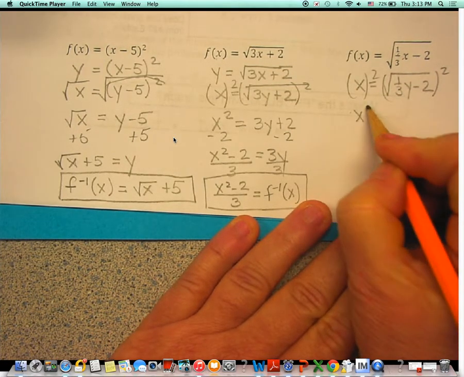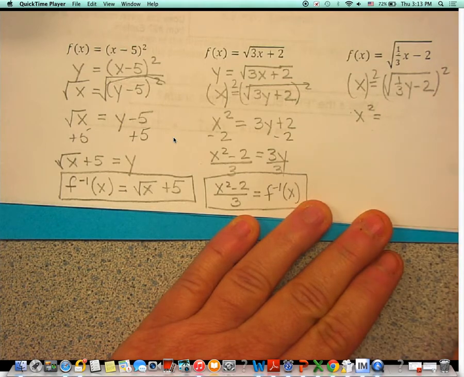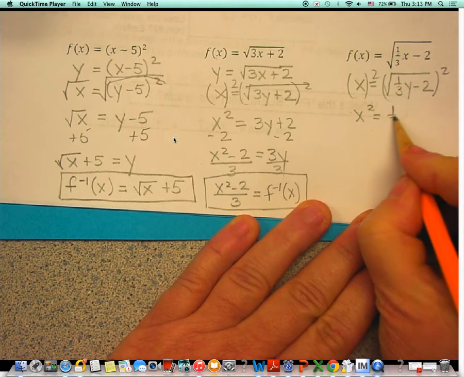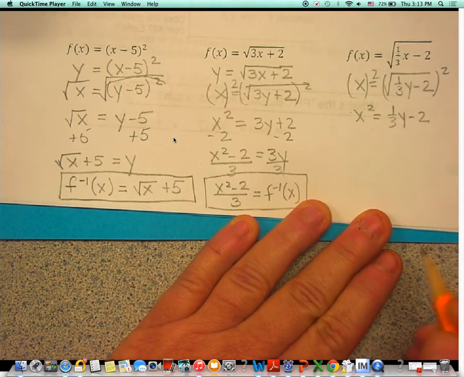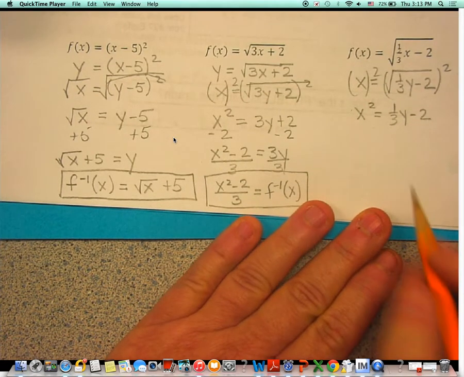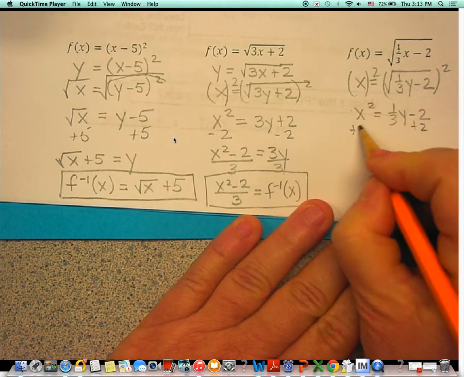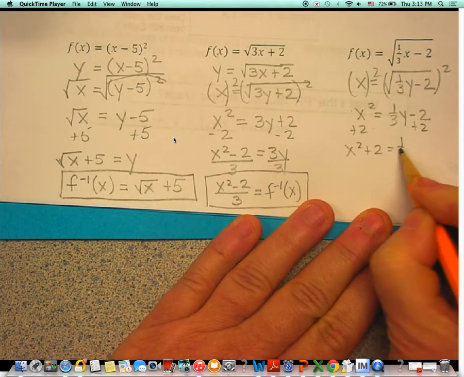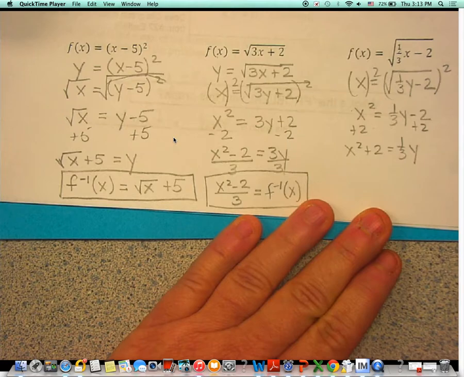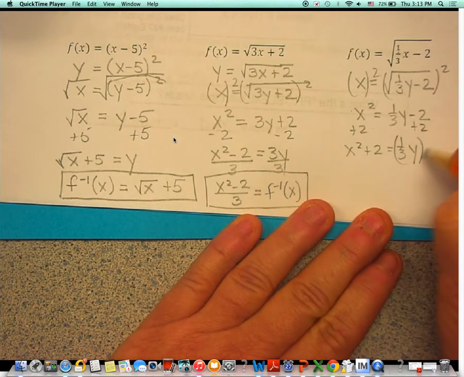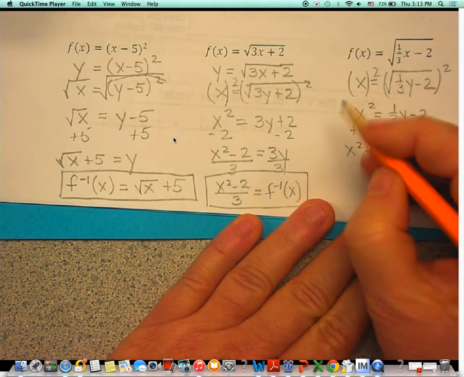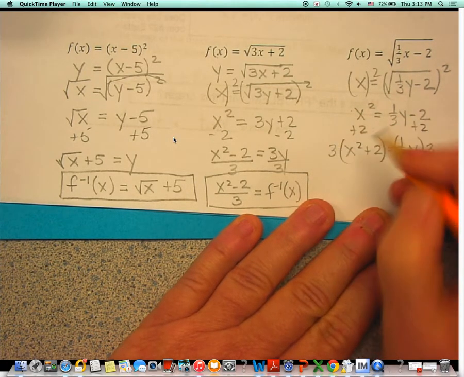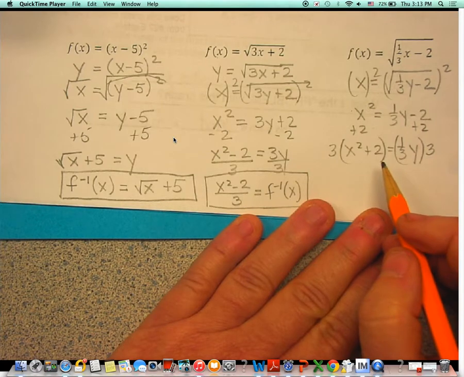So x squared equals what? Minus 2. Okay, and then add 2. So x squared plus 2 equals 1/3 y. Now times everything by 3. So we're going to do times the 1/3 y by 3 and the x squared and the 2 by 3.